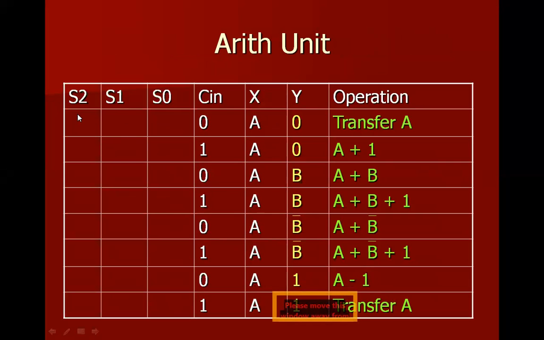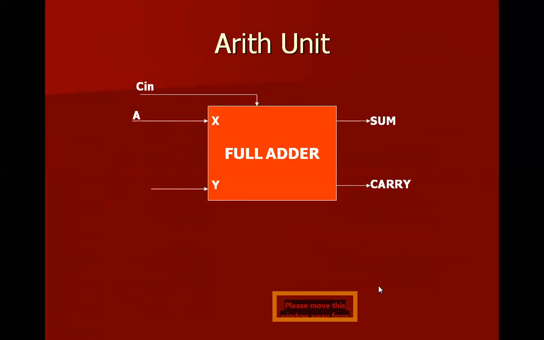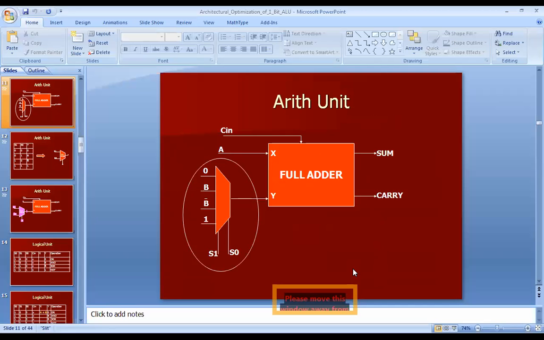Similarly, I will have a 3-bit combination here, 000 to 111. And if I give this in my select line, then transfer A should happen. So based on what I am doing, different operations should be able to be done. Now again, for our full adder, we can make use of a multiplexer. Let me show you another document where it will be easy for you to understand.